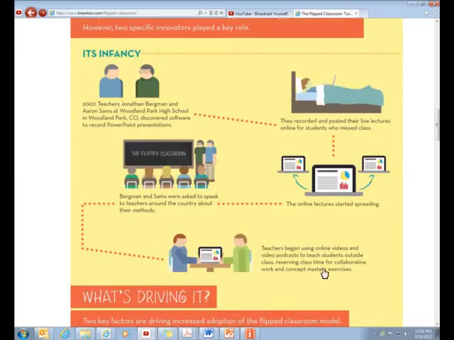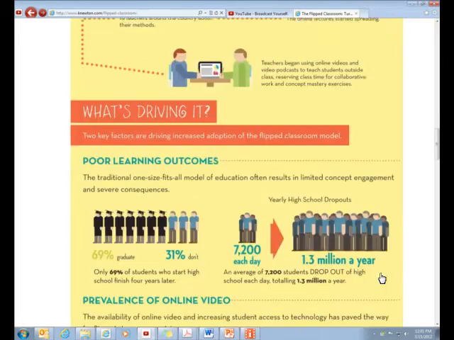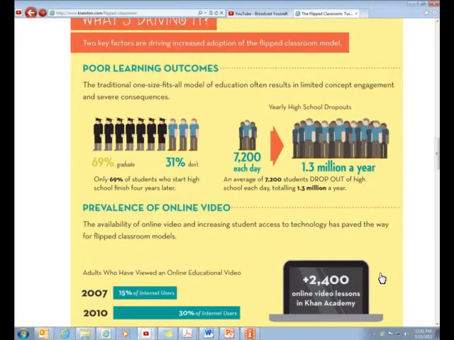Well, teachers began to use those online videos that they had created and followed their lead and began to use class time for collaborative work, concept mastery exercises, and actual application and active learning. So what is driving it are poor learning outcomes.